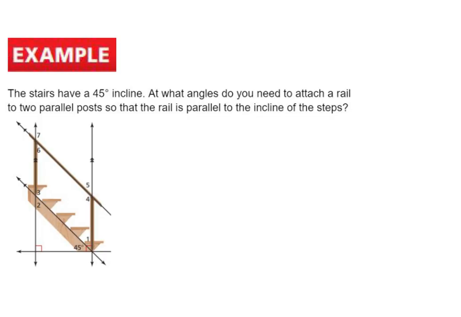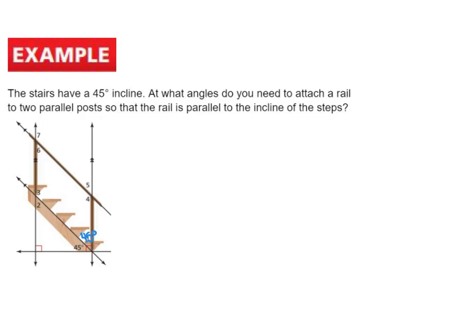The stairs have a 45-degree incline. At what angle do you need to attach a rail to two parallel posts so the rail is parallel to the incline of the steps? So in this situation, we know that this angle is 90 degrees and it's split perfectly in half. So that's 45 degrees. So we know that angle 1 is 45 degrees as well.